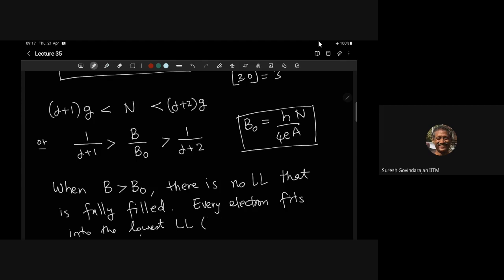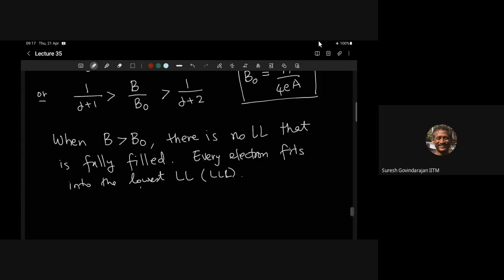Sometimes people write triple L for this. Is this clear? You can check this, or you can ask. Even if you look at the inequalities, you will get it. So this is what you have.